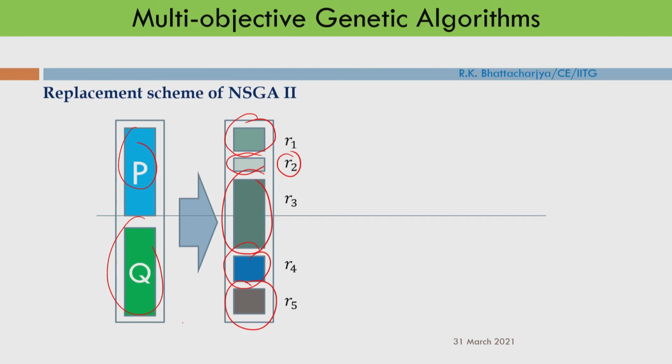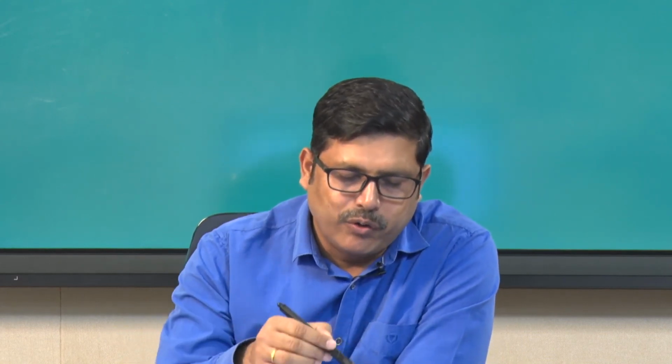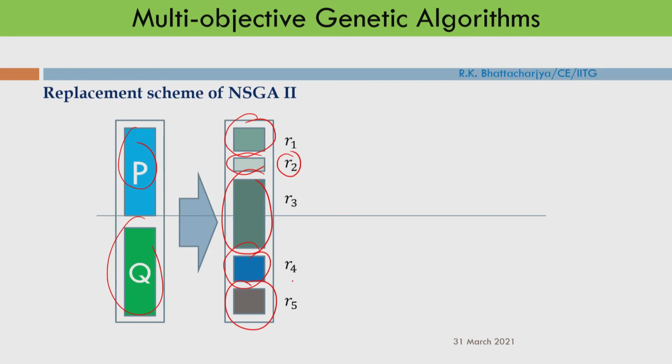So initially we combine the old population P and the new population Q. By combining, we are also implementing elitism. And then we do the ranking of this combined solution: rank 1, rank 2, rank 3, rank 4 and rank 5.